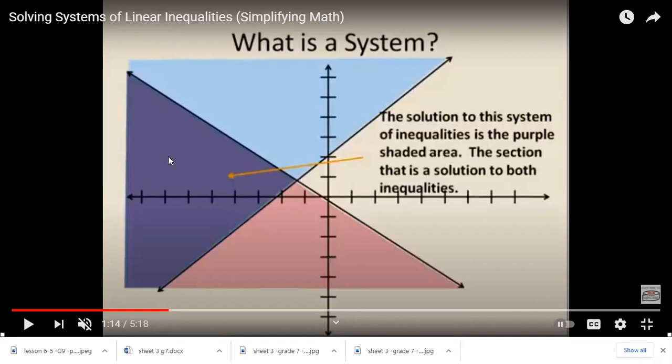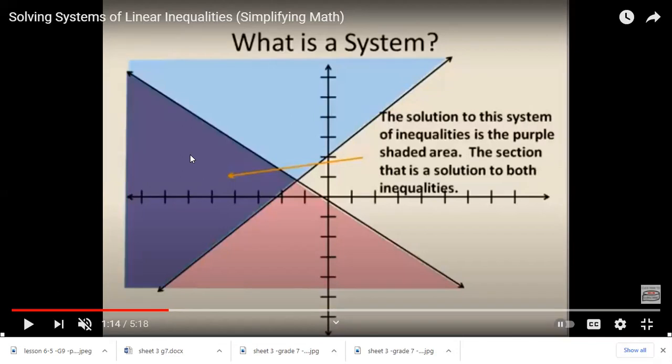Again, what does the purple region represent? Debolina?